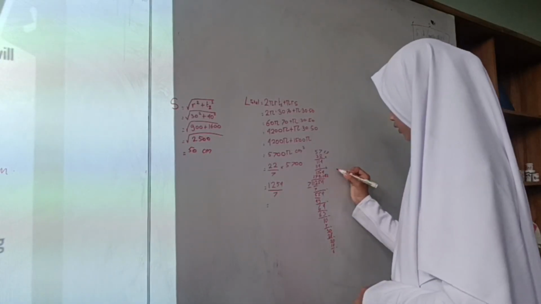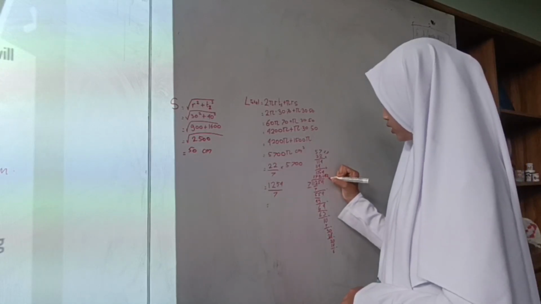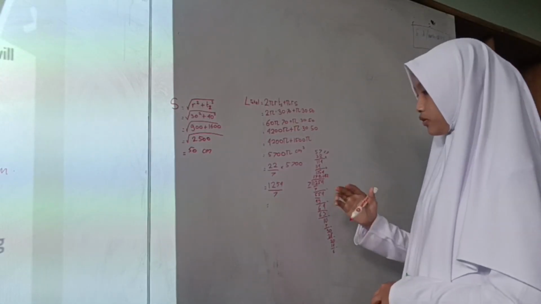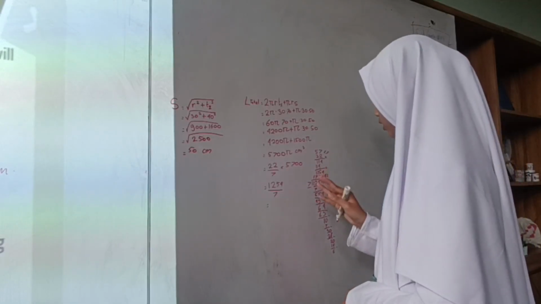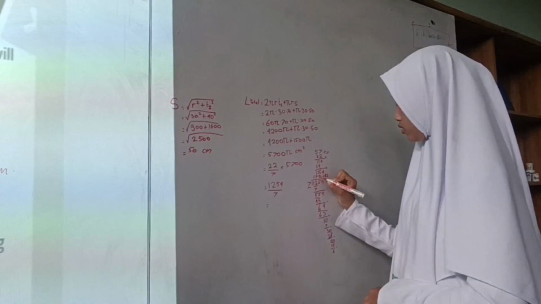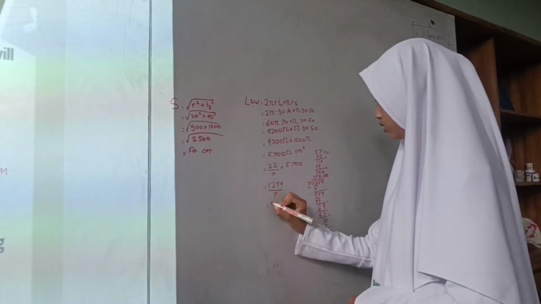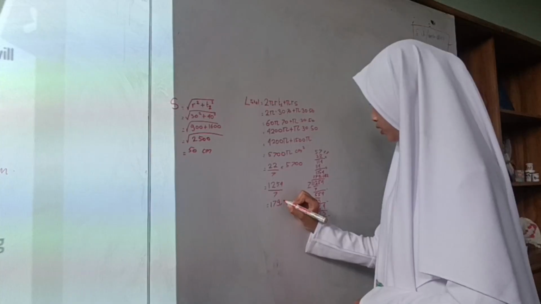So here we have three numbers behind the comma. If the third number is under 5, it stays still with the second number, and because here we have 2, so the result is 179.40 centimeter cube.